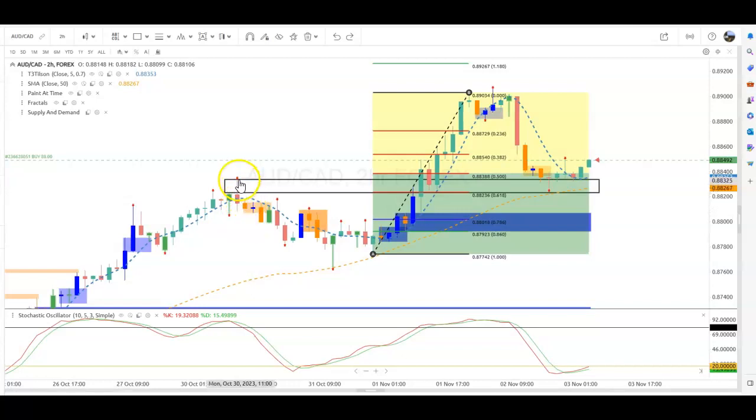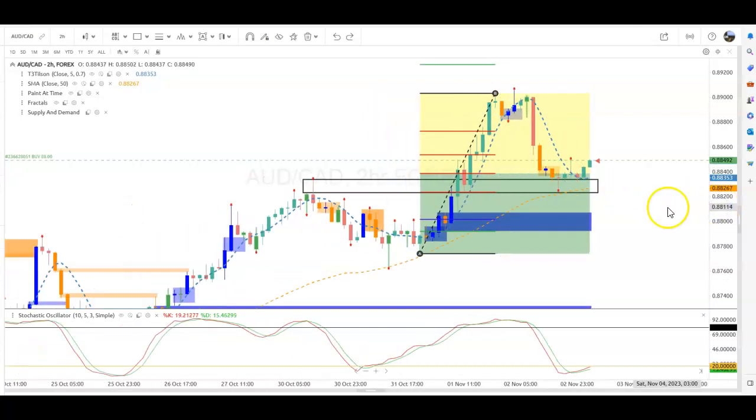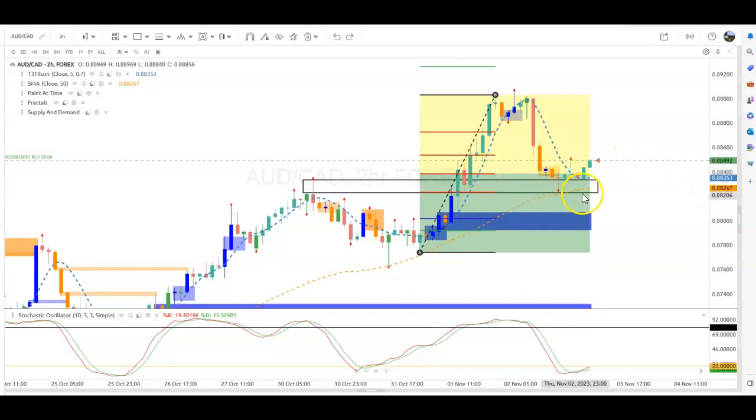When resistance is broken, which was broken here, it becomes support. So that was a good entry because stochastic is oversold, we have a candlestick reversal pattern, and the market is in an uptrend. The Aussie Canadian dollar is in an uptrend, the Aussie dollar is in an uptrend, so we'd favor that.